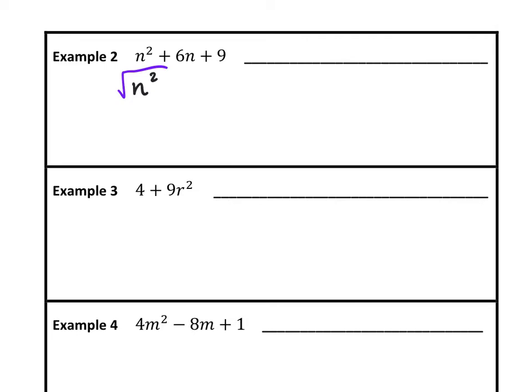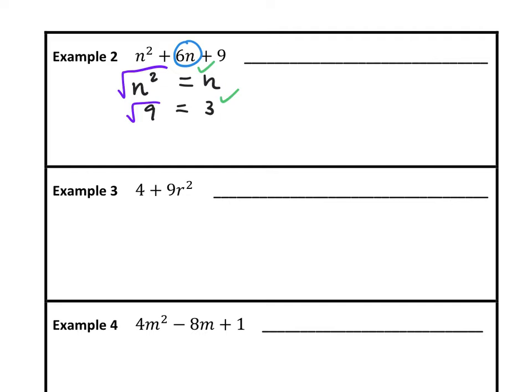Yes, the square root of n squared is n. Can I square root the last term? Can I square root 9? Yes. Then the last thing we want to check is the middle term.